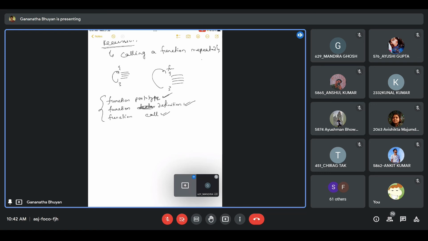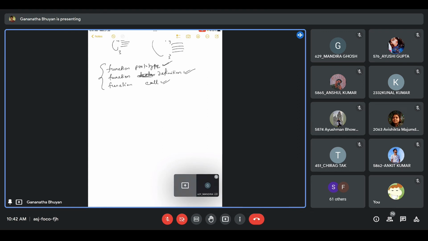You know factorial. What is factorial? Let us suppose 5 factorial. 5 factorial means 5 into 4 into 3 into 2 into 1, right? We can write factorial using iteration, and we can write it using recursion as well.